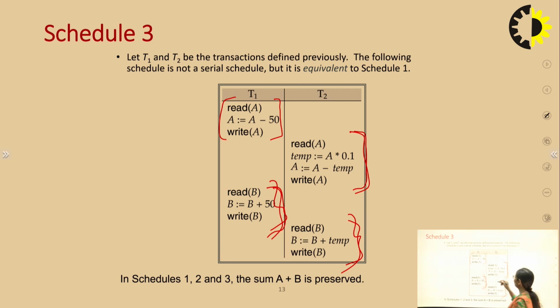If I move these sets to this particular time instant, your data will remain consistent. So we could say that schedule 3 can be made equivalent to schedule 1 and schedule 2. Schedule 1 and schedule 2 are serial schedules. So although this is a non-serial schedule, it is equivalent to a serial schedule.